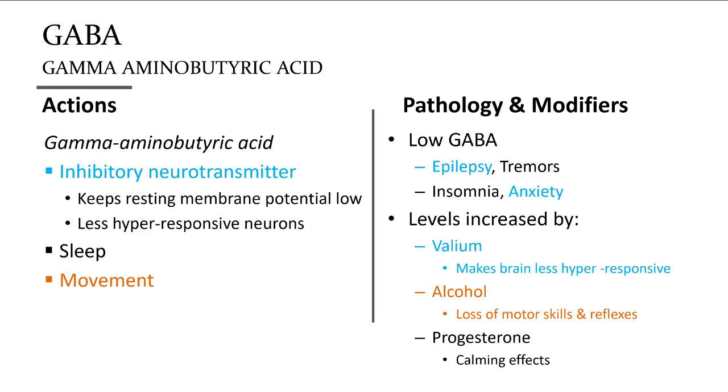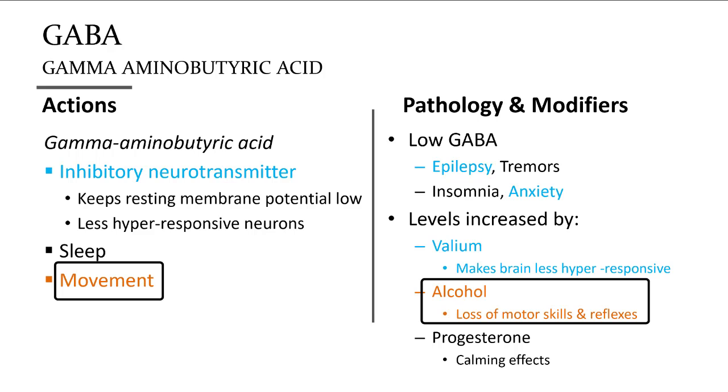They will trigger at anything. Their resting membrane potential is a little too close to their threshold. Valium actually causes more GABA to be released, and it helps to bring down your resting membrane potential, so as to make it less hyperresponsive. Alcohol can also affect GABA, but only in the way of motor function.